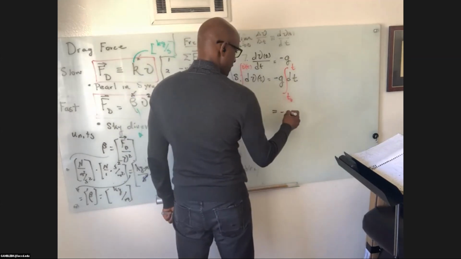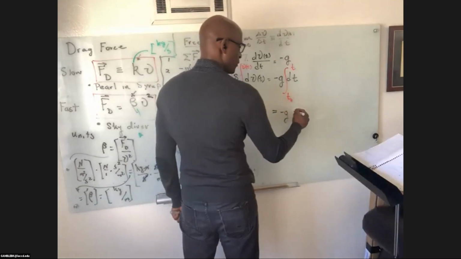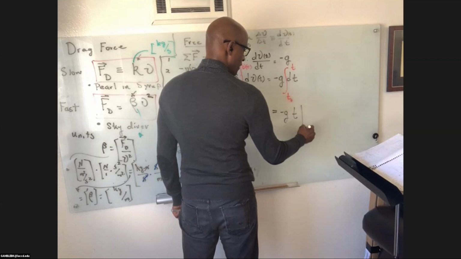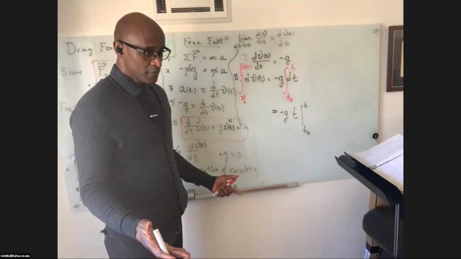So what I get is minus g, which is there. Who said that? Was that Jesus? No, that was not me. Okay. Yeah, it's not a trick question. The integral of dt is just t, and the limits are from t naught to t. Good job, Abdul. Correct.